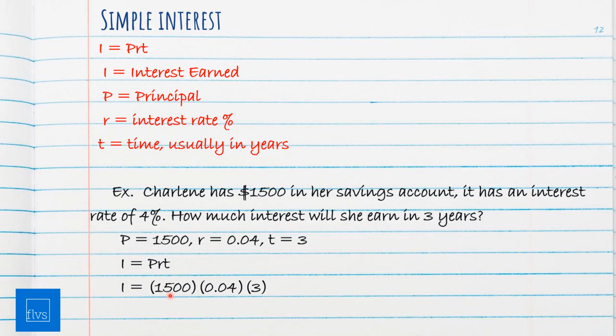So it says PRT, P times R times T. So P is 1,500 times R, 0.04, times T, which is times 3. We're going to multiply those three together. We get 180. So she will earn $180 in 3 years at a 4% interest.